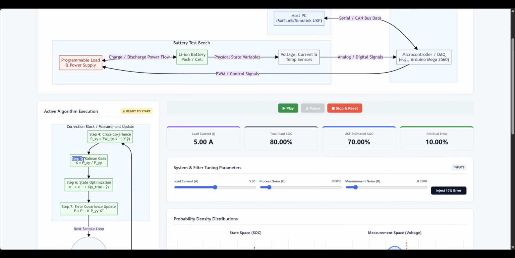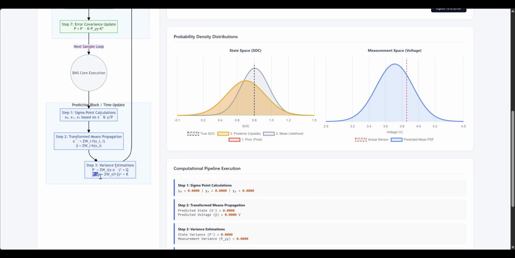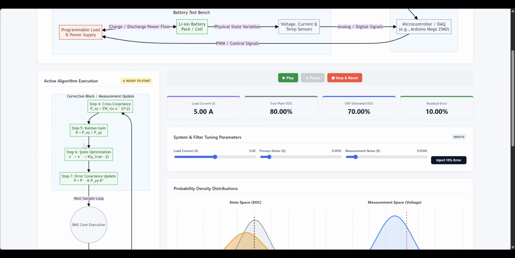In step 5, we will do the Kalman gain calculation, which is done on the cross covariance as well as the variance of the measurement. Based on this, we will determine the Kalman gain.